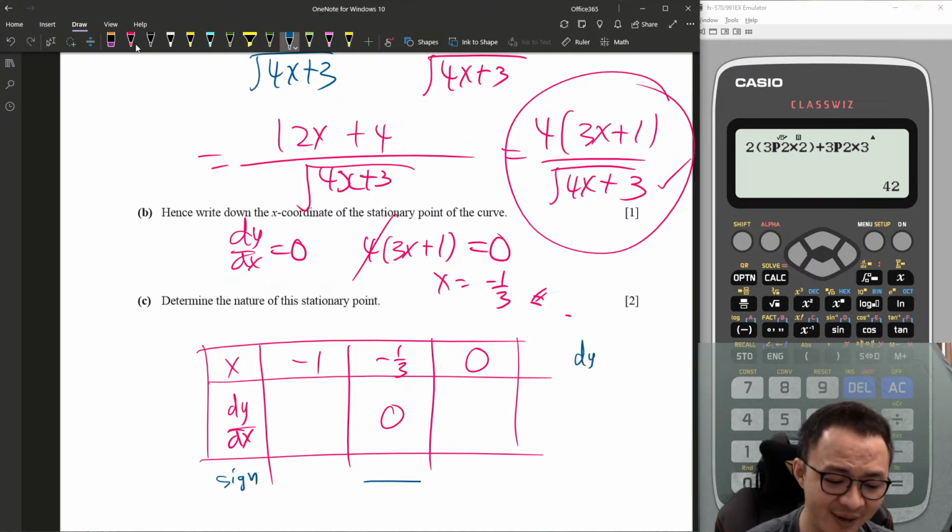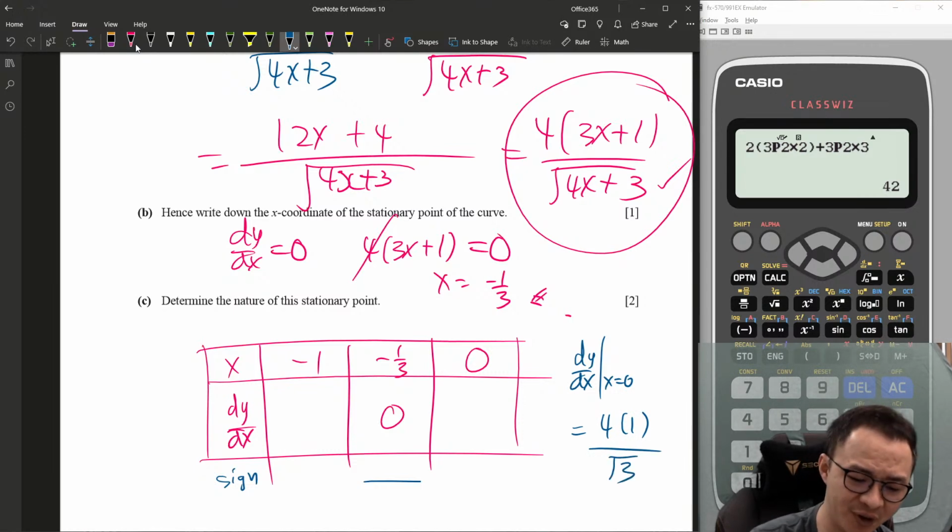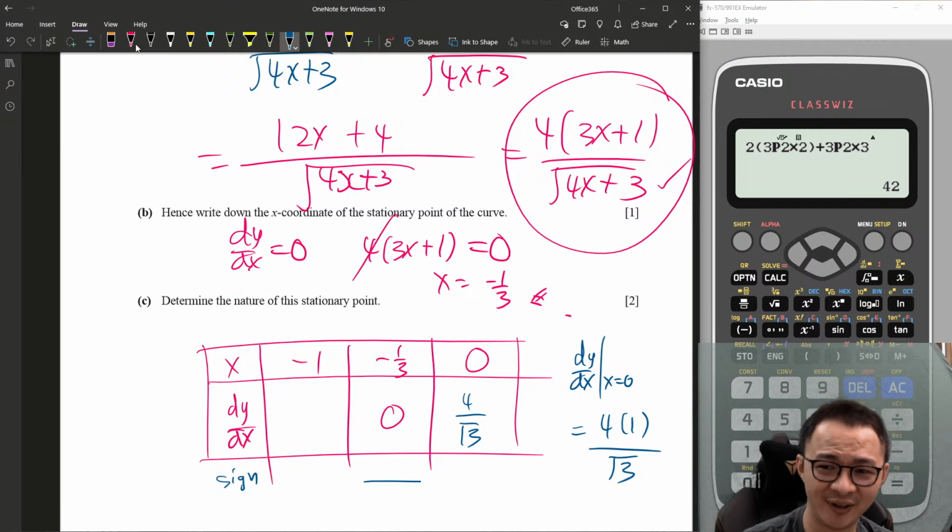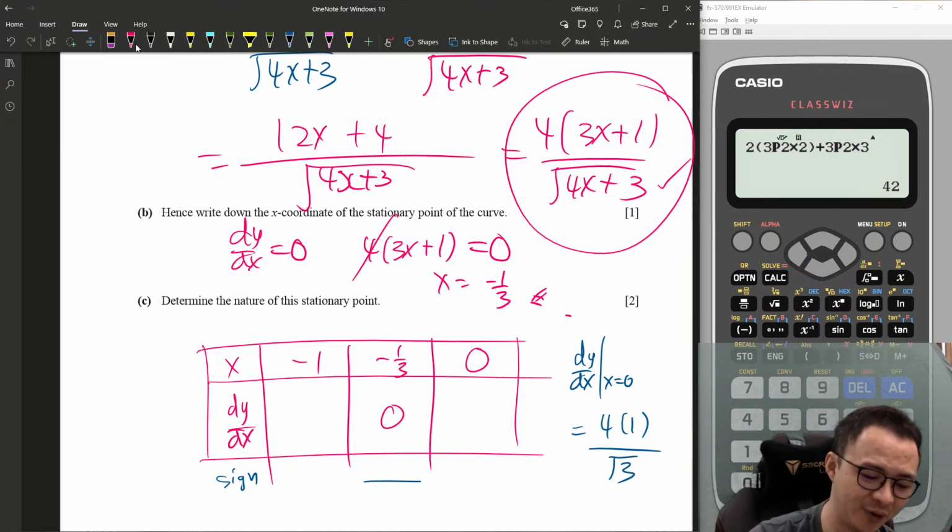So I will plug in 0 into the dy/dx. See what happens. So I will get about 4 over square root 3, which is a positive number. It's a positive number, isn't it? If this is a positive number, so this one will be just written as positive. Positive gradient will look like this, right?